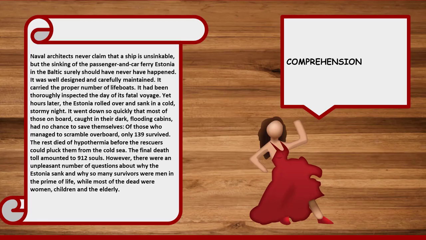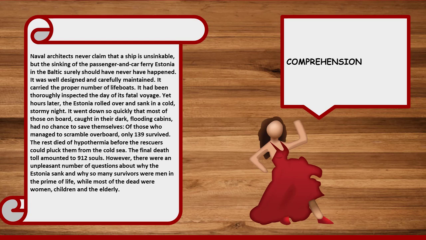Okay, here we have the assignment. It's a comprehension, so I'm gonna try to read it. Naval architects never claimed that a ship is unsinkable, but the sinking of the passenger and car ferry Estonia in the Baltic surely should never have happened. It was well designed and carefully maintained. It carried the proper number of lifeboats.